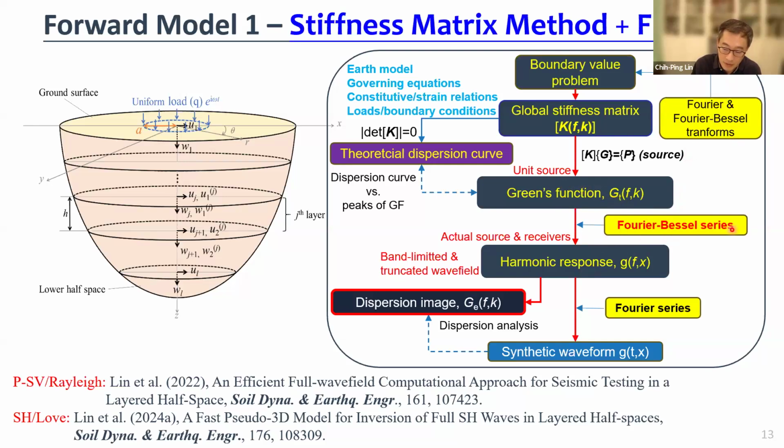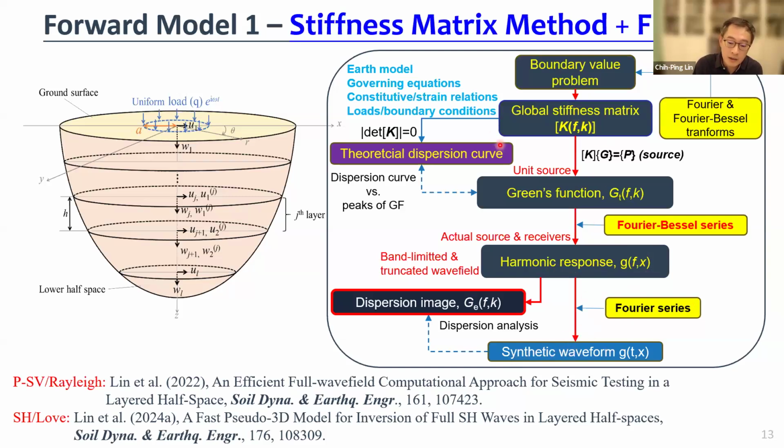In this method, the computation can be two or three orders of magnitude faster than the integral, and it gives us the solution back in the physical domain. It's a harmonic response at one frequency. If we perform analysis at many frequencies, we can use Fourier series synthesis to get the synthetic waveform.